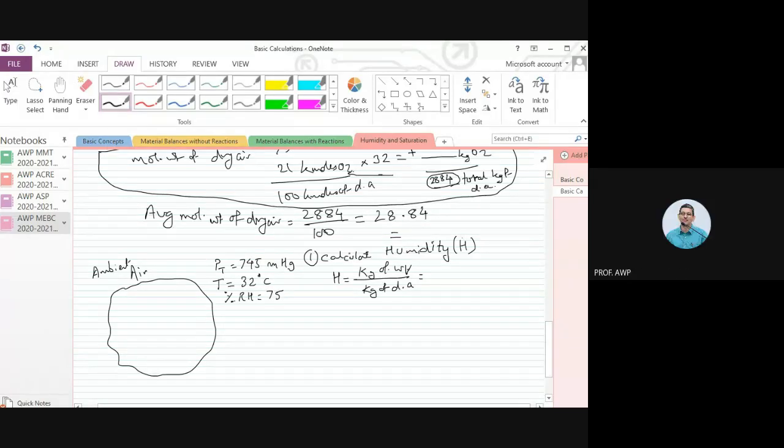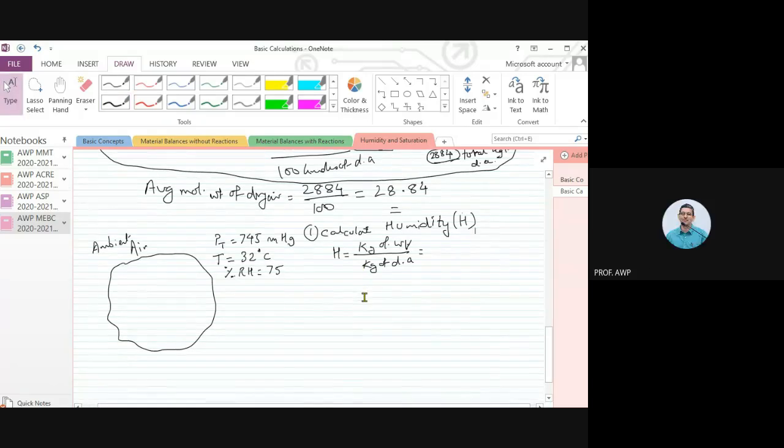Should I explain or you want to try, Bhakti? Sir, can you please explain it? Okay. So now we want kgs of water vapor per kg of dry air, right? So we want to know essentially how many kgs of water vapor are there in this air. So we would like to know what is the mole fraction of water vapor in this air, or what is the partial pressure of water vapor in this air, right?